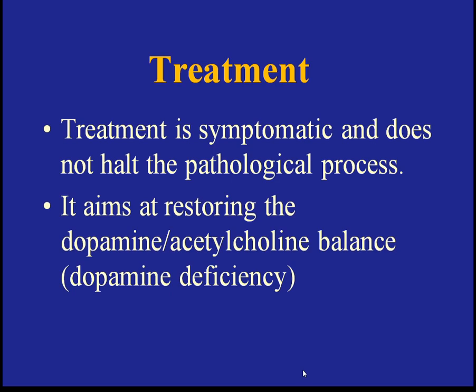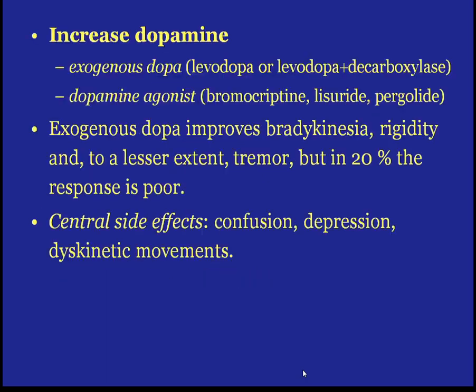It aims at restoring the dopamine and acetylcholine balance. We know we have dopamine deficiency. And so the first method, we try to increase dopamine and give it exogenous dopa.